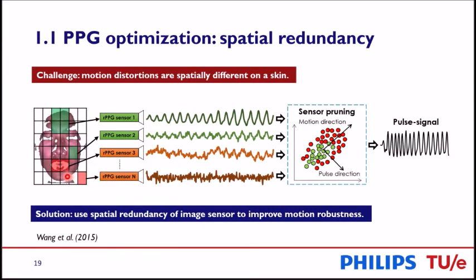The benefit is that, for example, if I'm talking and have more motion in my mouth, the signals extracted from the mouth area are polluted, while my forehead is relatively stable and the signal quality will be higher. So after separating into the spatially independent sensors, we can do sensor pruning to get the higher quality signals.